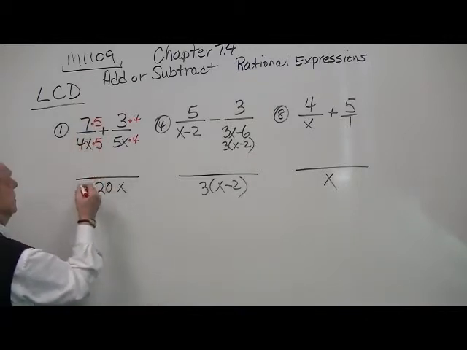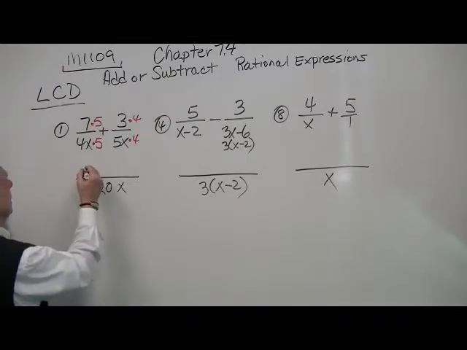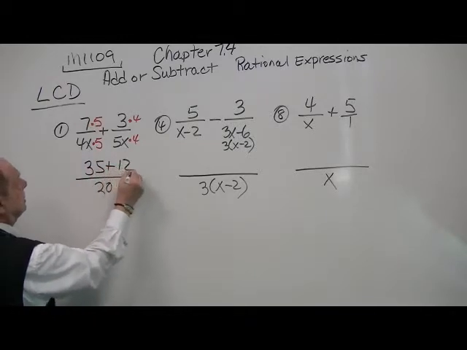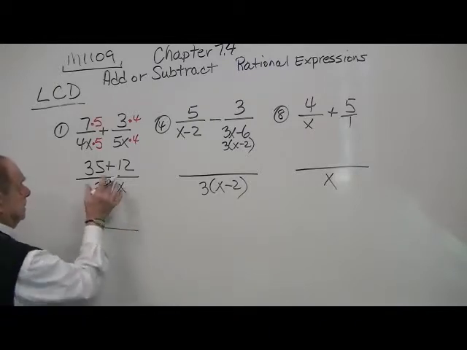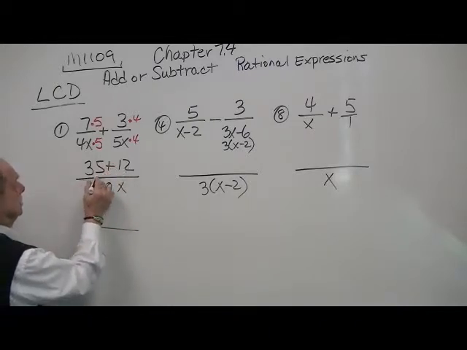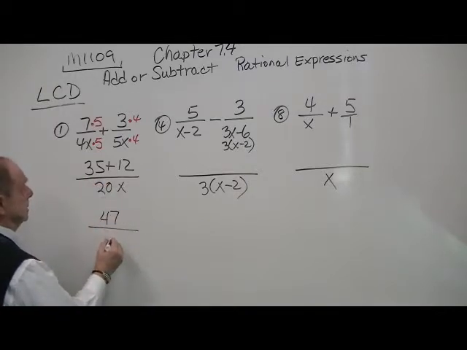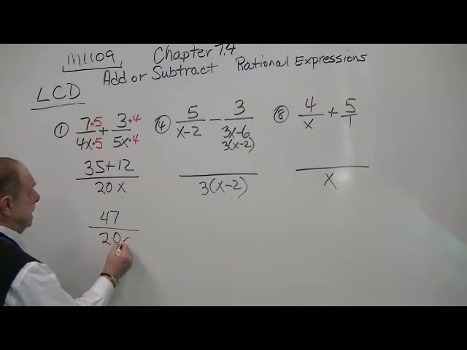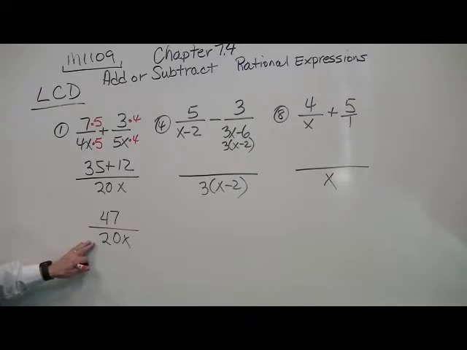So this now becomes 35 plus 12. And when we bring them together, this becomes 47 over 20x. Now if we could simplify that, we would, but we can't. And that's how you would leave it.